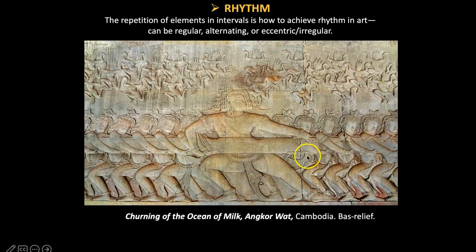So for instance, the pulling of this element that's describing the churning of the ocean of milk in this scene is showing a multitude of people, and they all appear in a similar pose, in a similar rhythm, visual repeated appearance that one can interpret as a rhythm. And yet when you get to the larger fellow here, one can interpret that as an alternating rhythm.